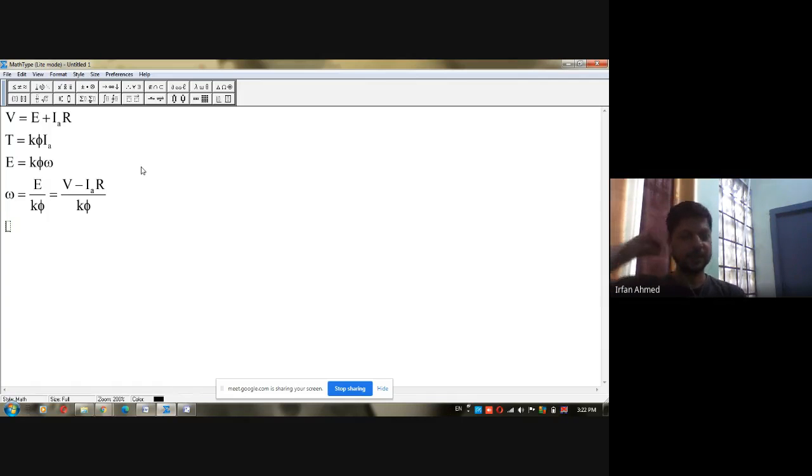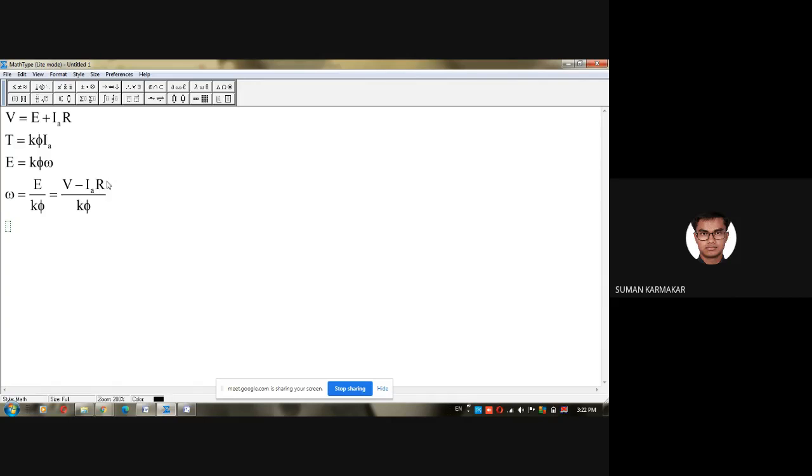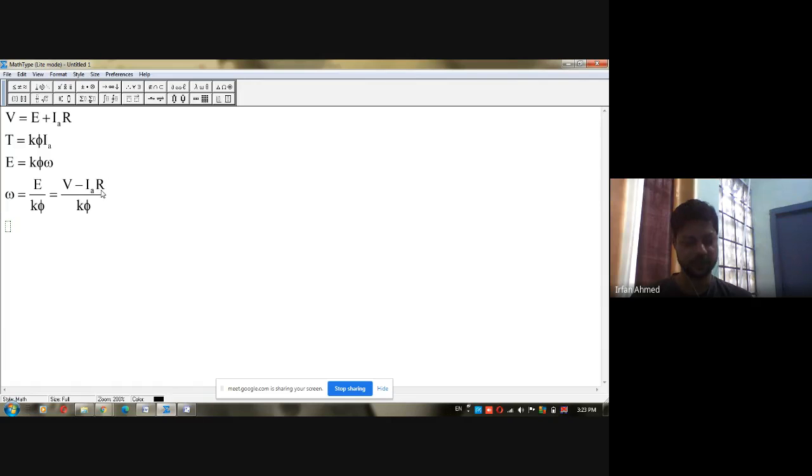Now the difference here is, in case of the DC series motor, this R is the resistance of the armature as well as the field winding. Correct? Yes, sir. This R is now the resistance of the armature winding as well as the field winding, plus, if you add any external resistance, that will also be included in that R.